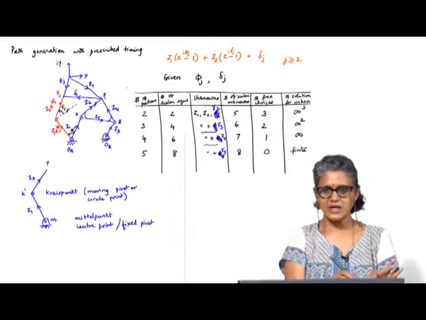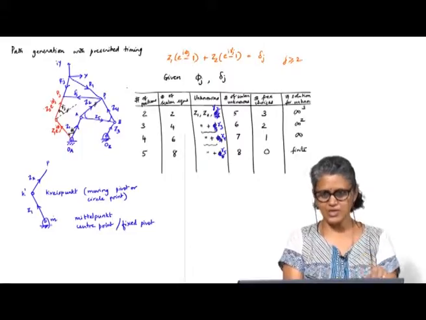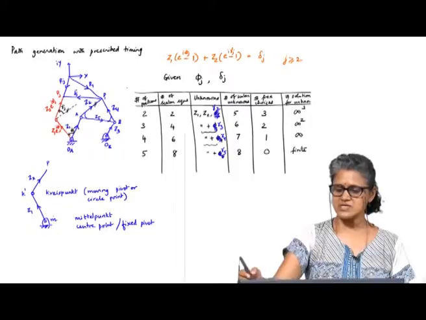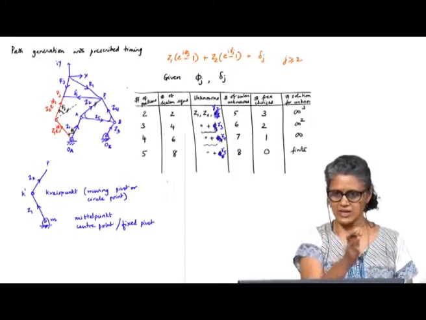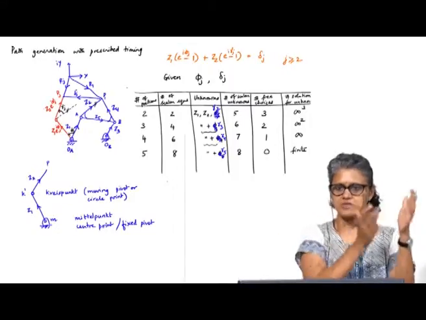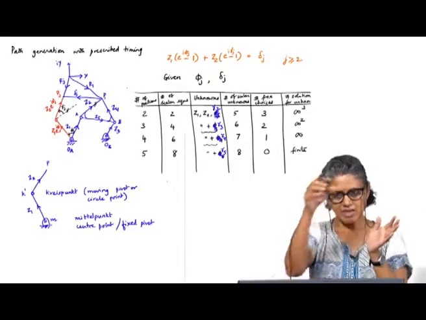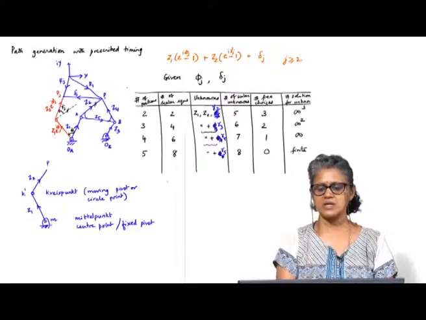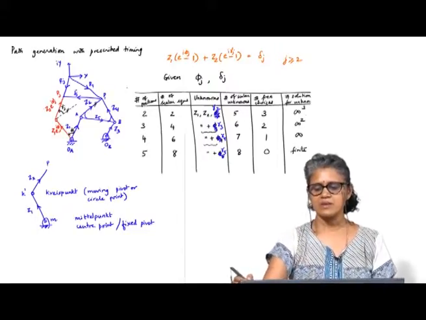Okay. So that is essentially what you are doing when you find Z1 and Z2. When you find these two vectors, you are locating the circle point and the corresponding center point. So this table, when I do it for only one diode, is for one side of the 4 bar. Again, for the other side, I have the same table. So if I combine the two, then I have to multiply.